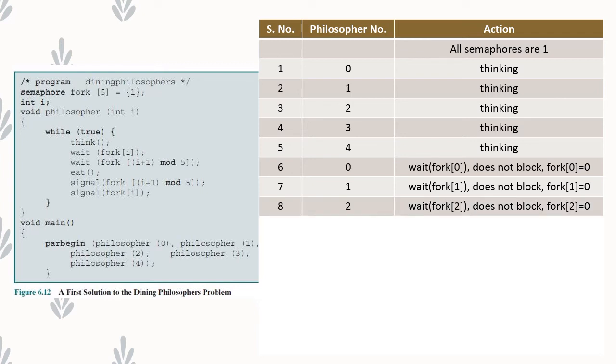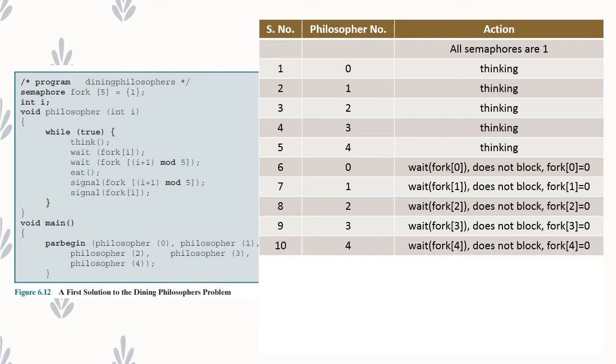Then philosopher 2 waits on fork 2, does not block, fork 2 becomes 0. Then philosopher 3 waits on fork 3, does not block, and fork 3 becomes 0. Then philosopher 4 waits on fork 4, does not block, and fork 4 becomes 0.